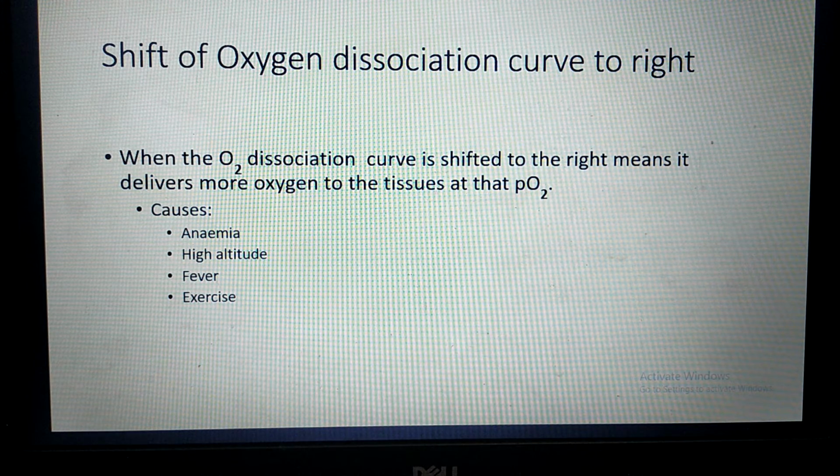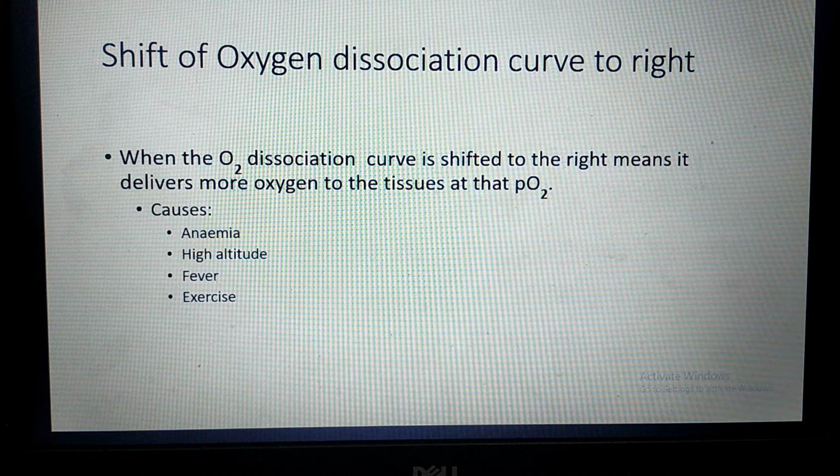If you see, in all these conditions, the requirement of oxygen by the tissue increases. Therefore, to fulfill the requirement of tissues, the oxygen dissociation curve shifts to the right and delivers more oxygen to the tissues.